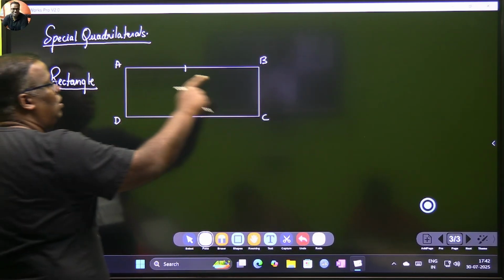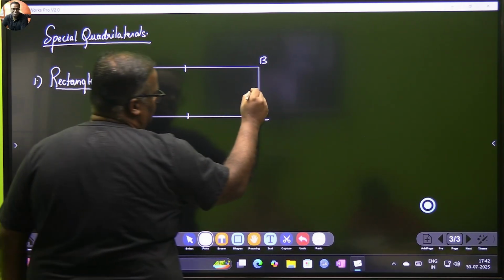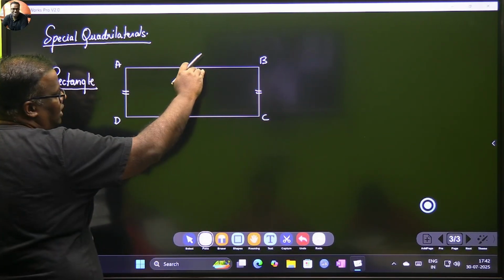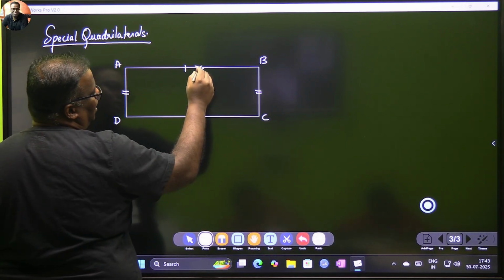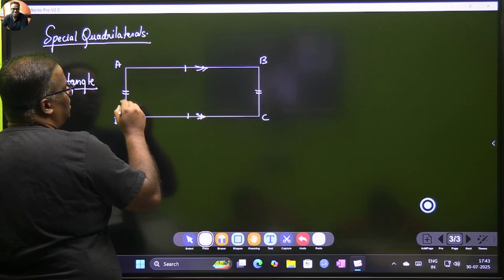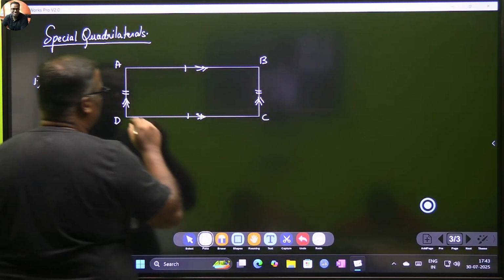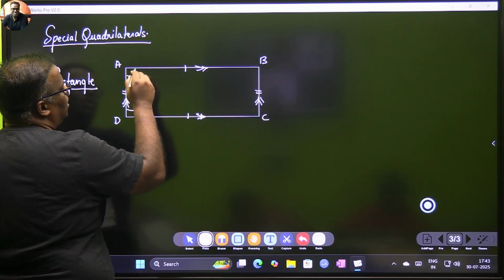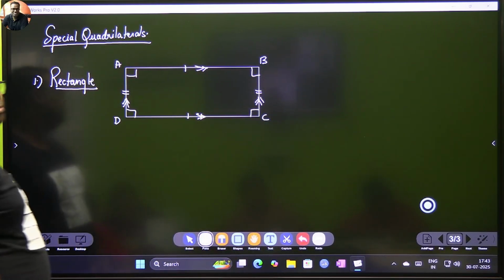However, this is equal to this, but their measurements are not same, so we prefer a different size. Then you will also find that this is parallel to this. So what you can do is that you can put a double arrow here and a double arrow here, which means they are parallel, and these are also parallel. And further we get to see that every vertex has a 90 degree, right?